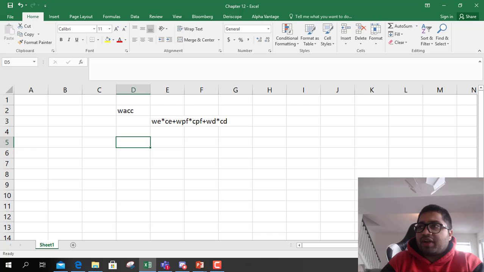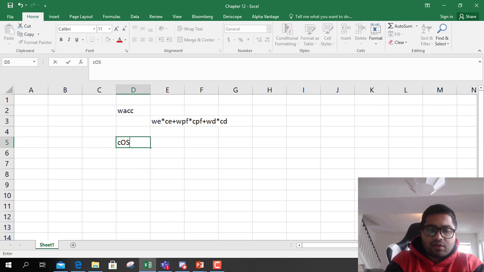So we have to find out the weight of equity in the capital structure of a company, the weight of preferred stock, and the weight of debt. After we find out weights, we have to find out cost of equity, cost of preferred, and cost of debt.